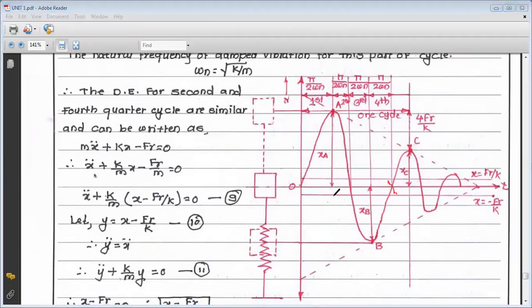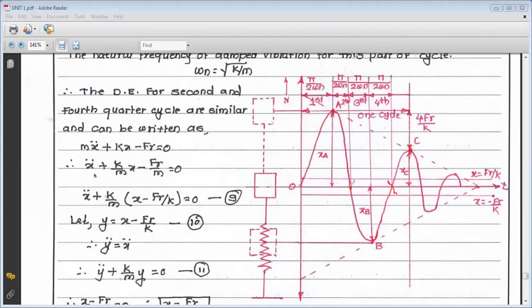There are 4 quadrants. From 0 to A is the first quadrant, that is pi upon 2 omega n, because the total is 2 pi upon omega n. Now this is the pi by 2 quadrant, so pi by 2 upon omega n. Between A and B is the second quadrant, that is pi upon 2 omega n.